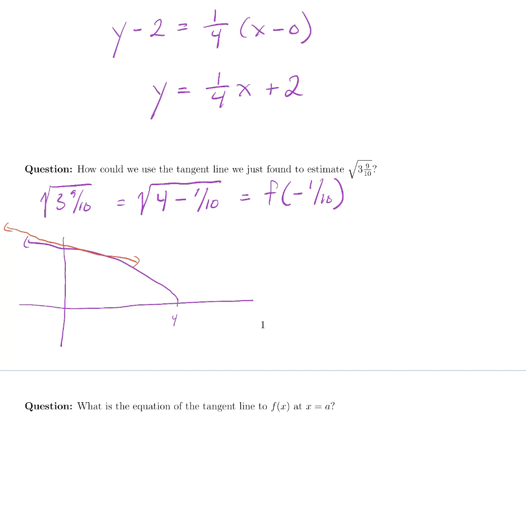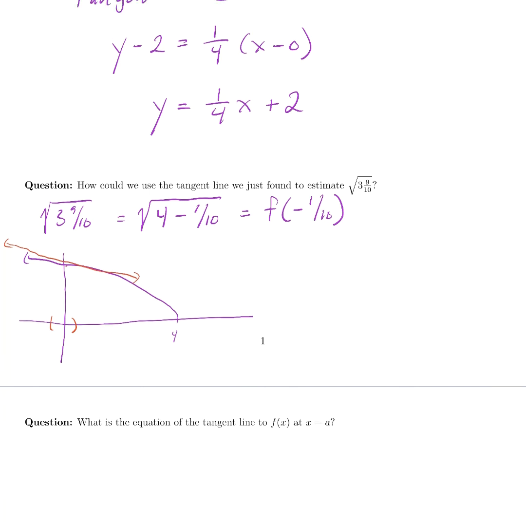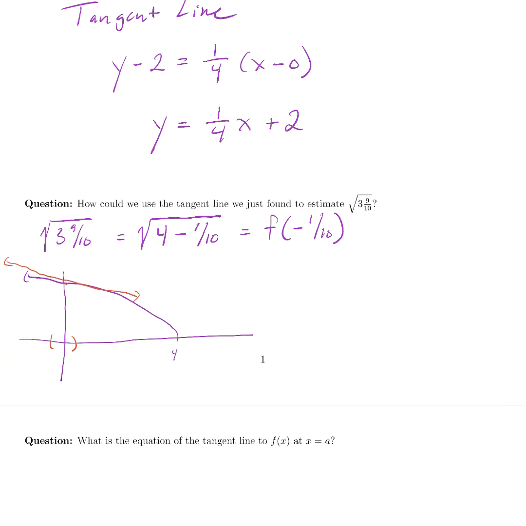That's not perfectly drawn, but if we look around the window here, around where we have that tangent line, the function will behave very much like the tangent line. Another way to say that is f of x behaves very much like 1/4 x plus 2 for x near 0.